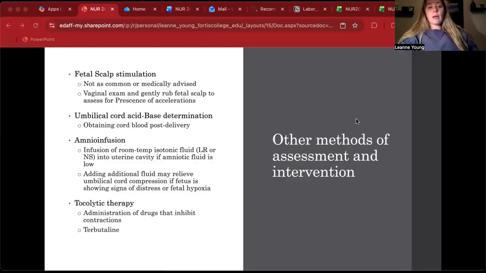Tocolytic therapy would be administering drugs that inhibit uterine contractions. So terbutaline is the main one. One thing that you need to know about terbutaline is that it can cause fetal tachycardia. Okay, so terbutaline is a tocolytic drug that will reduce the instances of contractions.